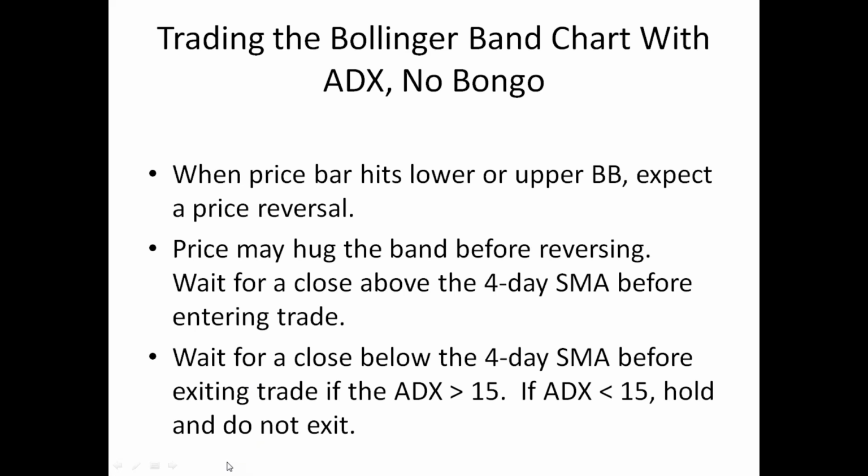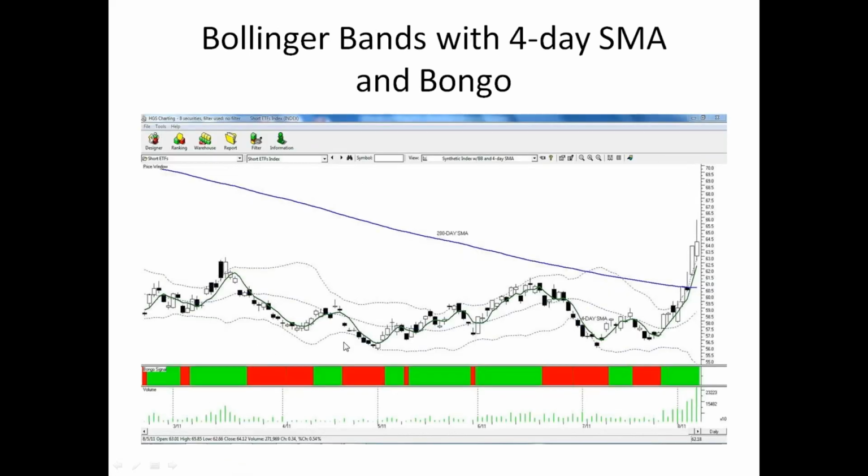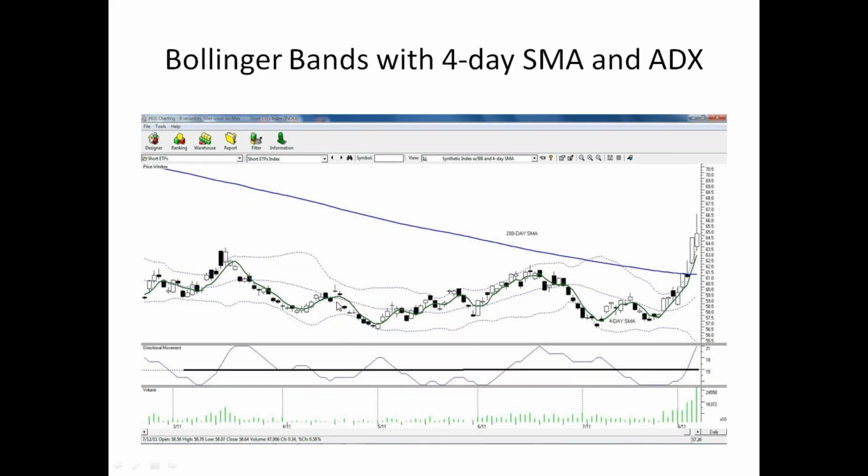Okay, let's go back to the chart. We're out. Whoops, that's the wrong chart. There we go. We're out, or we're long, and we're getting ready to go short. ADX is above 15. As a rule of thumb, Mike, you want ADX to be above 15 before you enter.